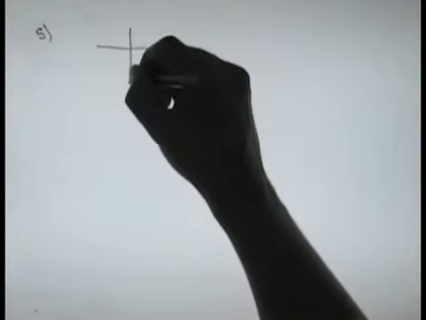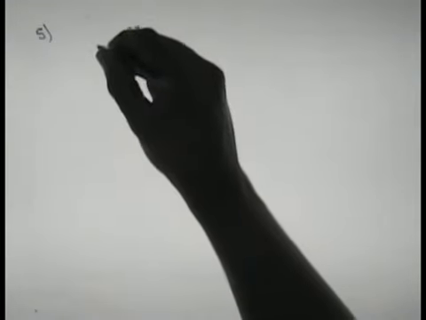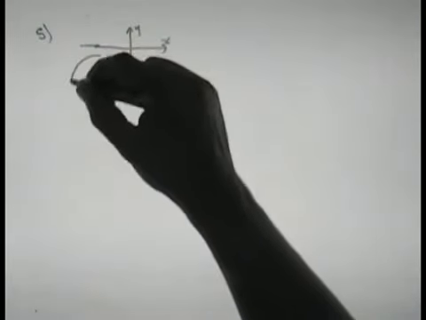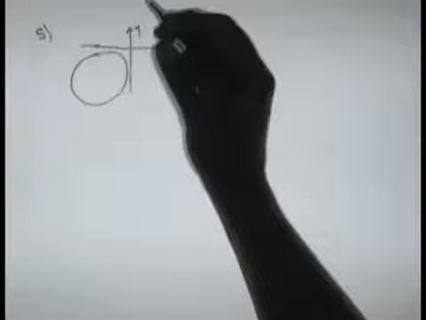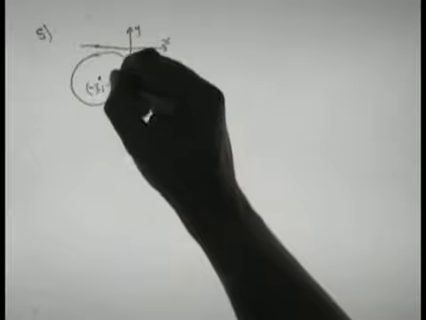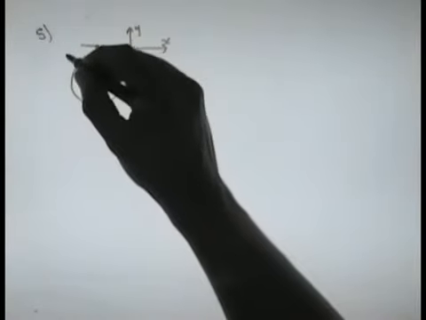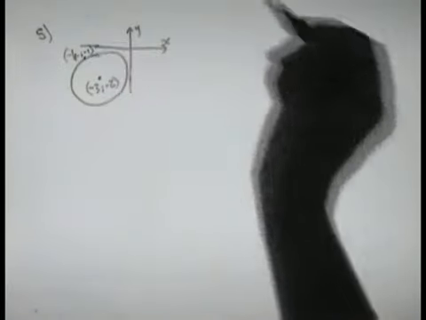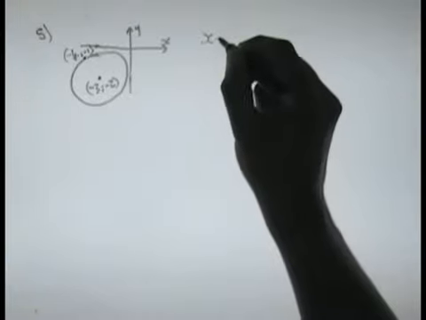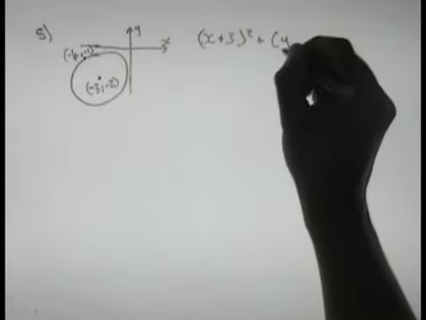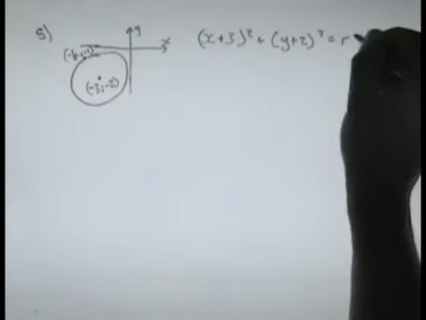Number 5. I've got my axis over here, x-axis and y-axis, and I've got my circle way down over here with center -3, -2, and the point -4, -1. Going to start off by saying x minus p, but in this case I'm just going to make it x plus 3 squared plus y plus 2 squared is equal to r squared.